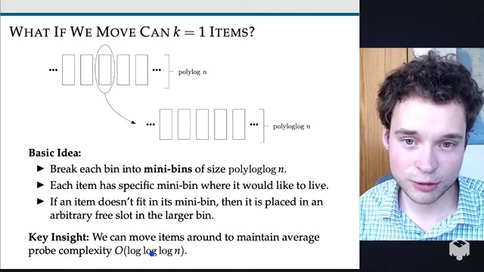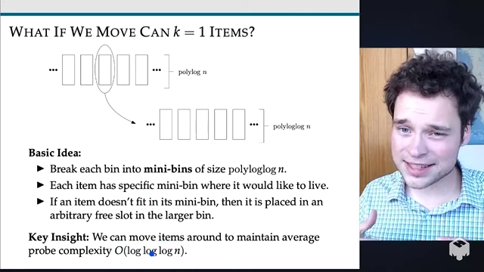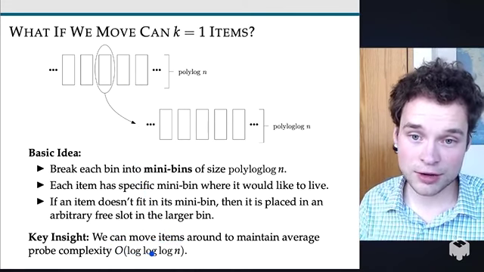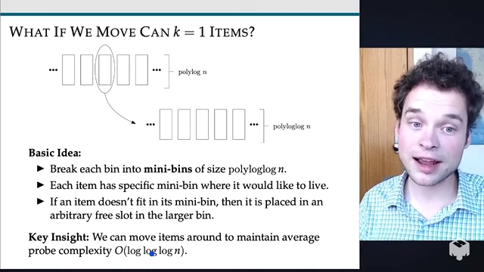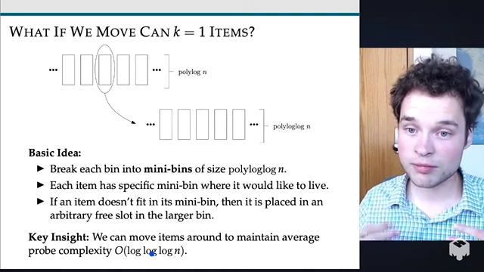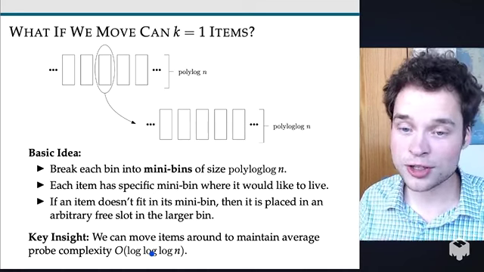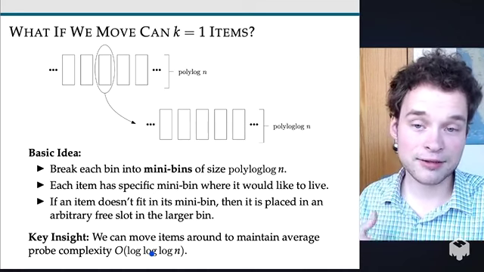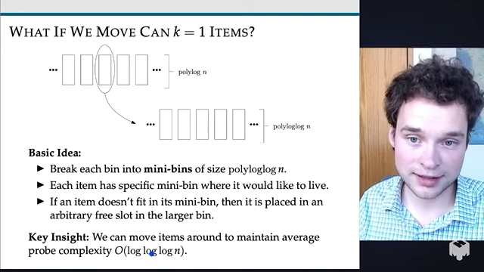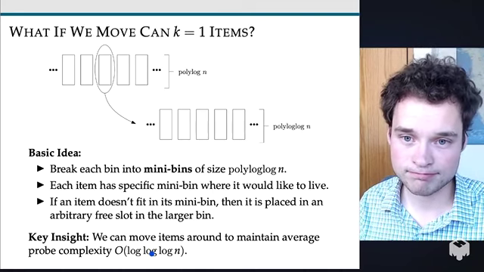So by moving one extra item around on each insertion and deletion, you can exponentially reduce the probe complexity. Of course, you can recursively apply this idea, and that's how we managed to get a small probe complexity for the data structures in our paper.